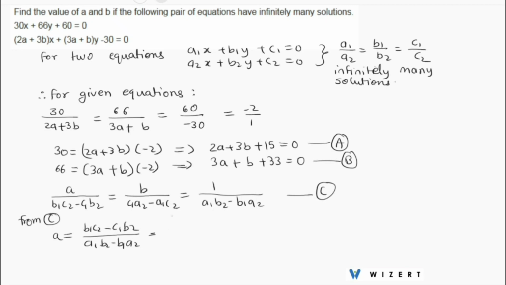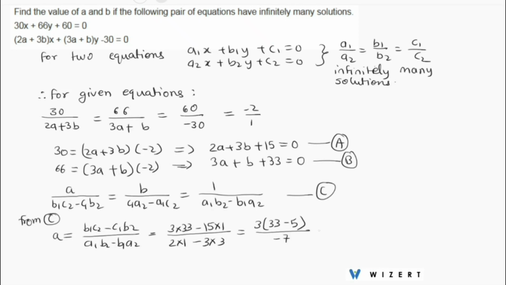So we have B1 C2, meaning 3 multiplied by 33 minus 15 multiplied by 1 divided by 2 multiplied by 1 minus 3 multiplied by 3, which is equal to, we can take 3 common out from both the terms in numerator. So we have 3 multiplied by 33 minus 5 divided by 2 minus 9 is 7.